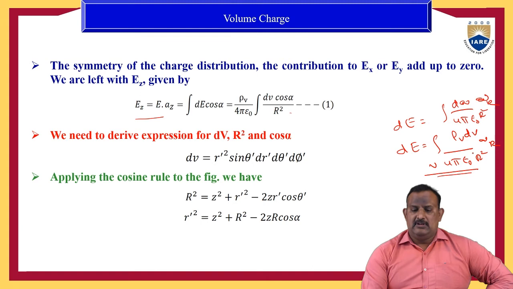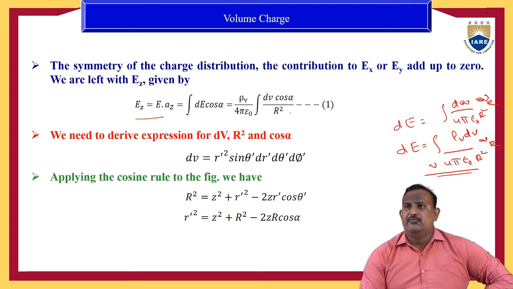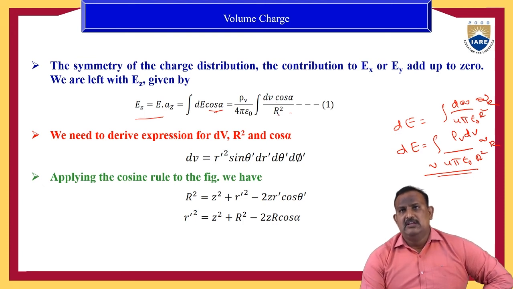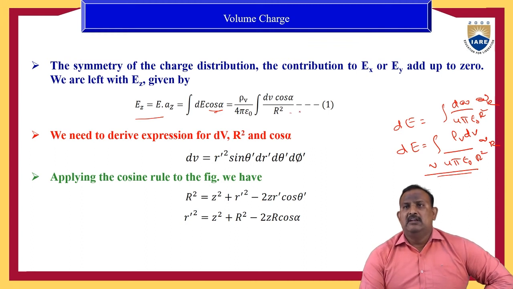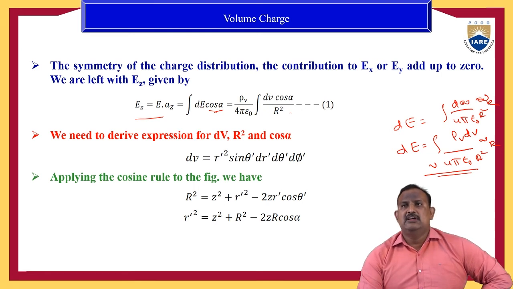So rho v by 4 pi epsilon naught is kept outside, then we have dV cos alpha by r square. Here we need to derive the expressions for dV, r square and cos alpha. If we substitute the dV value, r square value and cos alpha value in this equation 1, we can get the electric field intensity along the z direction, or the electric field intensity at point P due to the elemental volume.